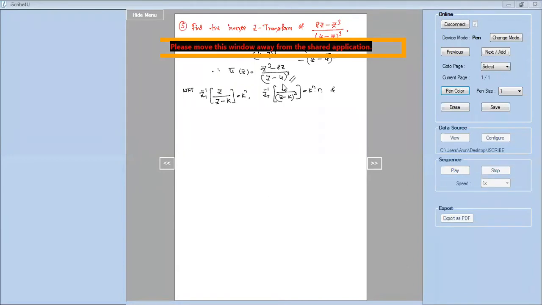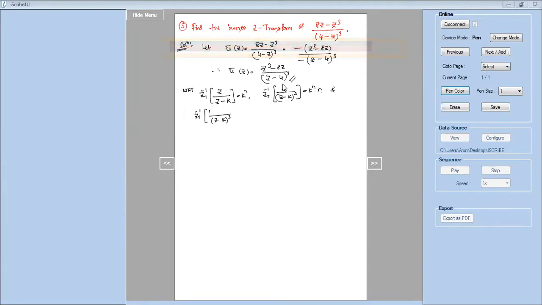And inverse z transformation of, if I have cube here, z minus k whole cube, here you should have k z square plus k square z, is k power n into n square. See, these are the standard formulae of inverse z transformation.